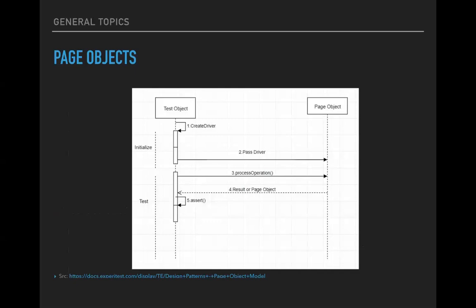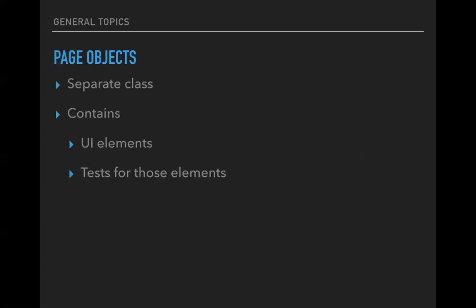Now, first, let's start with page objects. I included a diagram for you just to illustrate what a page object is. For you guys who want to know, a page object is pretty much a separate class. That page object contains all of the UI elements and all of the tests for those elements.